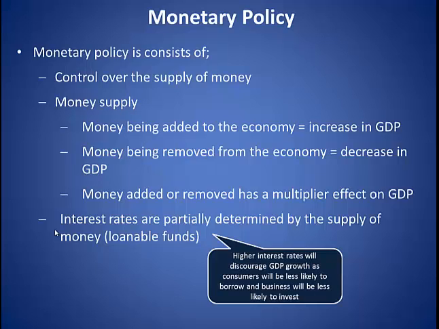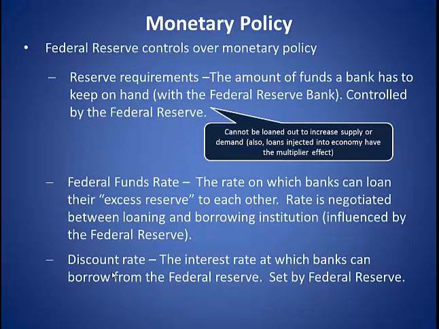If there's a large supply of money, interest rates can go down. Higher interest rates will discourage GDP growth, as consumers will be less likely to borrow, and businesses will be less likely to invest because investments become more expensive.